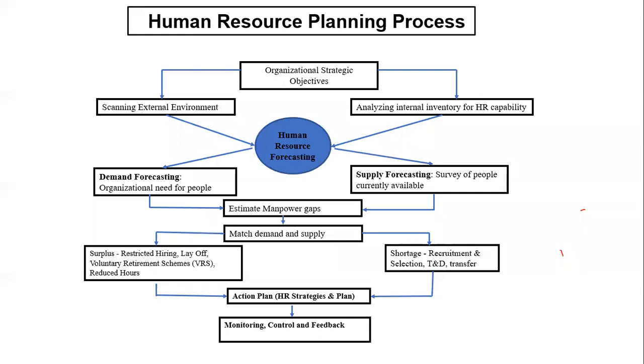Assuming the demand side, we need 50, and at the moment we have 40. Sorry, it is rather a deficit or a shortage. Please let me rephrase what I said for emphasis. Assuming demand forecasting indicates that we need 50 people to do a particular job, but our supply forecasting indicates that currently we have only 40, then that difference, which is the 10, we call a deficit or a shortage.